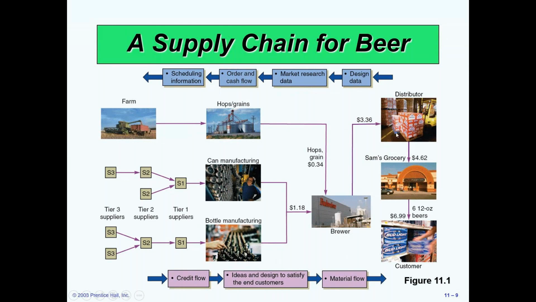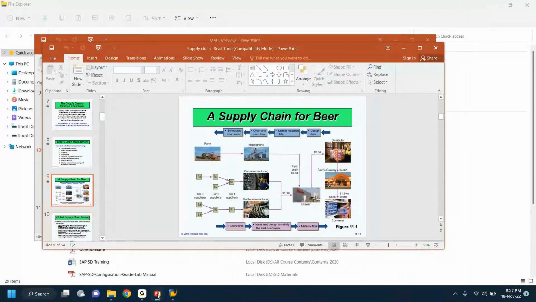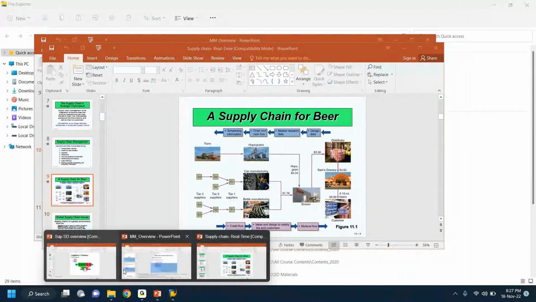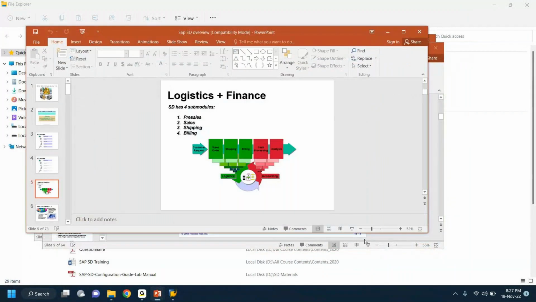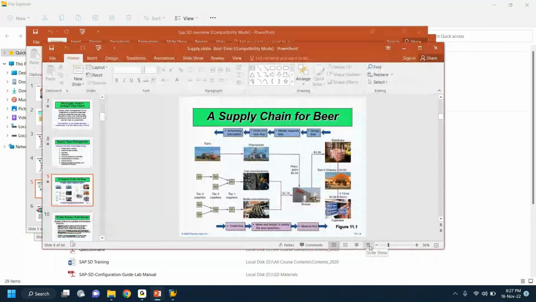So SD does the final job. That is the reason SD and FI become premier modules in our cycle, and the entire business process will be different in both cases. Let me now show you the SD flow, how it happens.